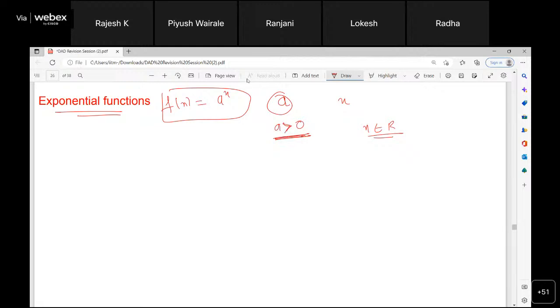So what should the graph of a to the power x look like? First a is greater than 1, and here I will draw when a is between 0 and 1.